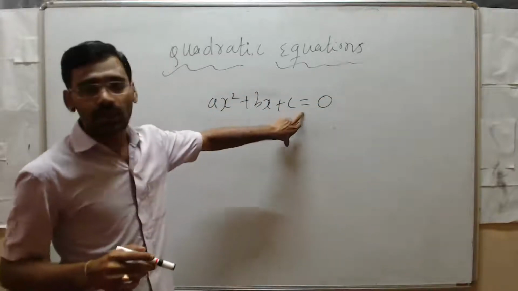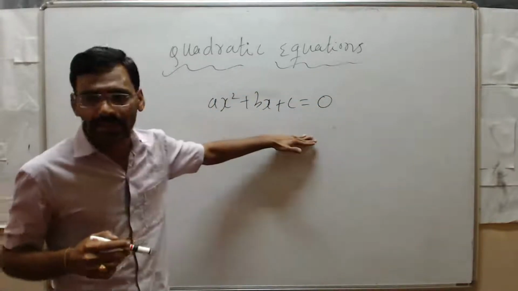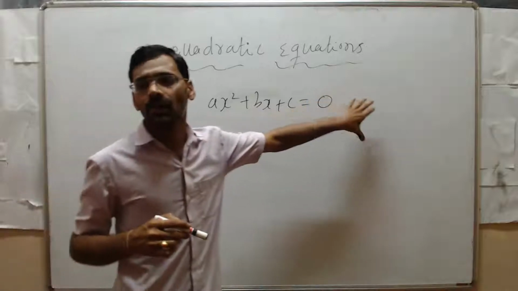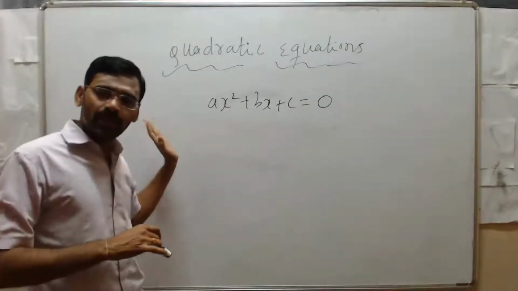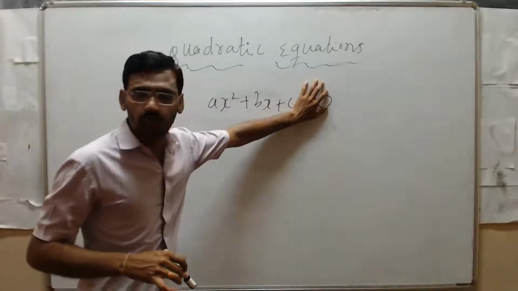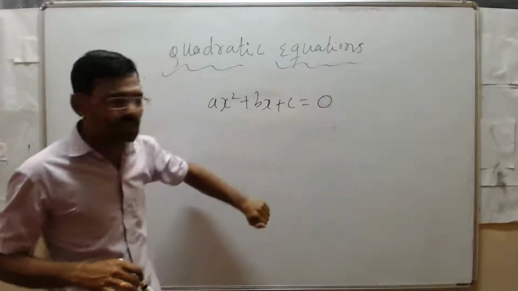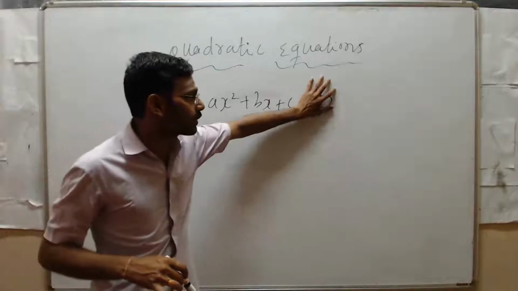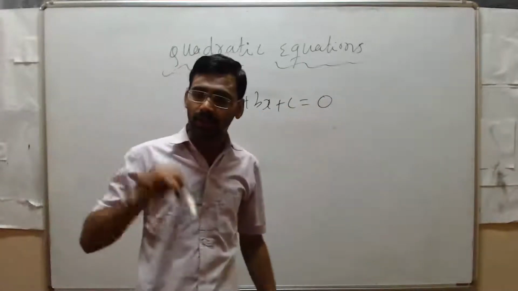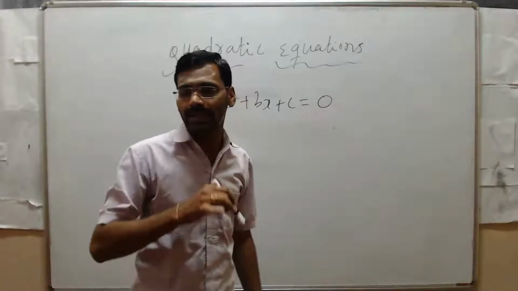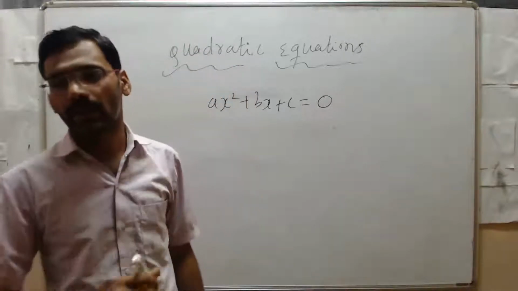If the representation has an equal to sign, it is a quadratic equation. If it doesn't have any equal to sign, it is a quadratic polynomial. With equal to 0, it is a quadratic equation. Without equal to 0, it is a quadratic polynomial.